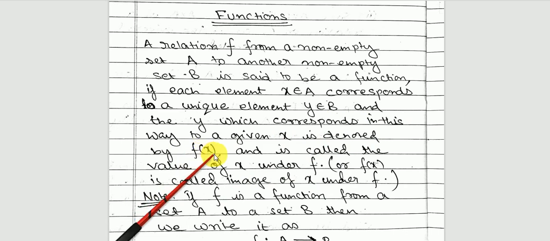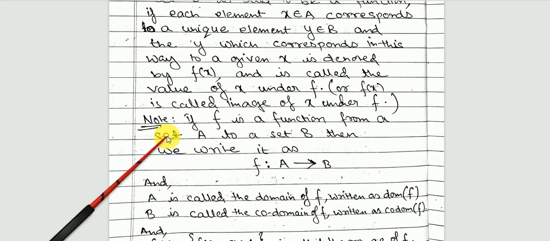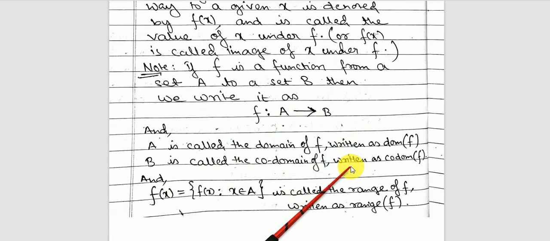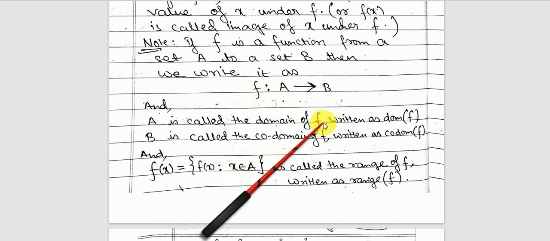This is read as f of x and is called the value of x under f, or we say that f of x is the image of x under f. So if f is a function from a set A to set B, then we write f colon A arrow B. That means f is a function from A to B. In this case, the first set A is called the domain of function f.